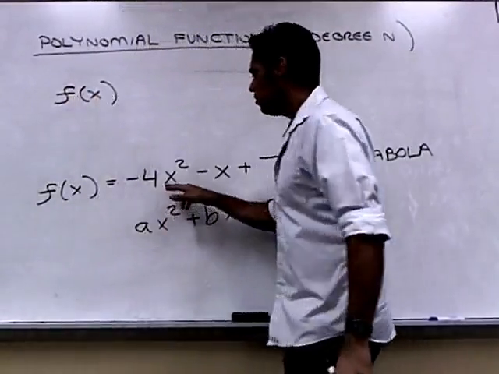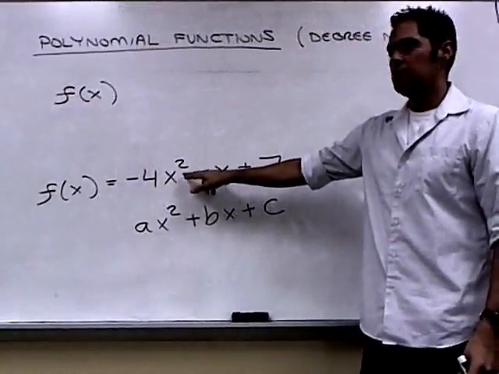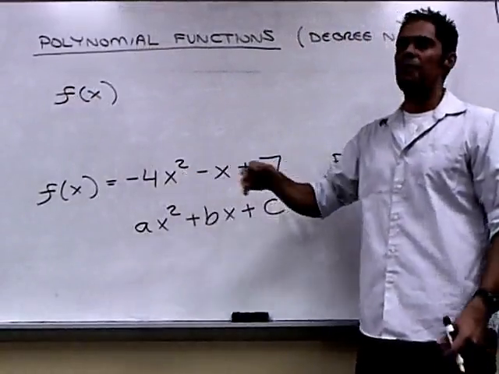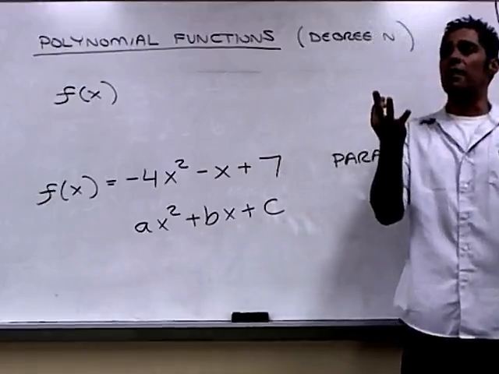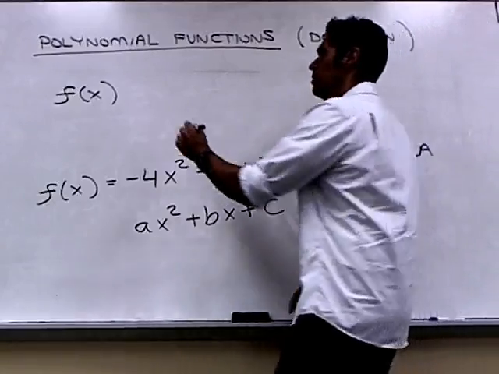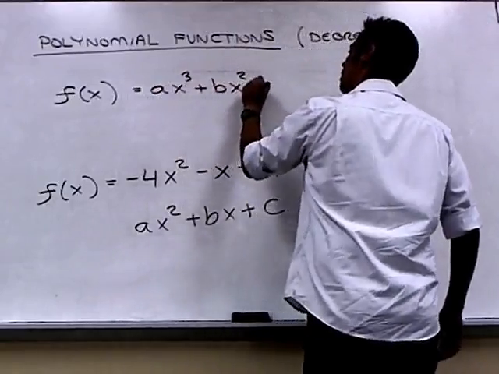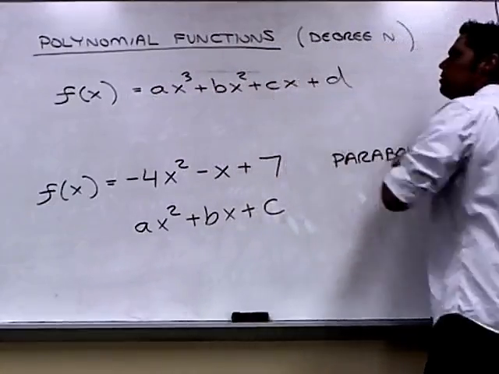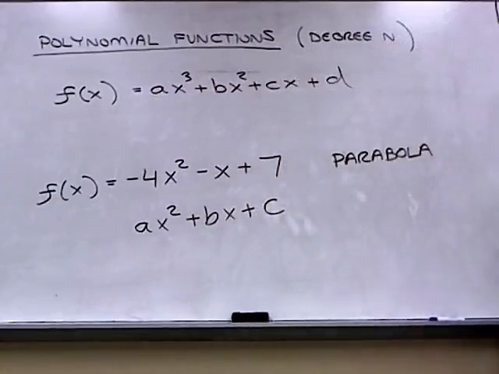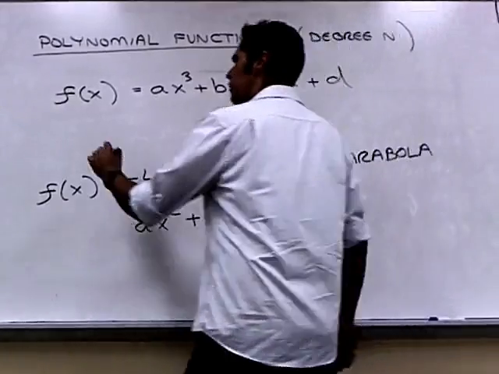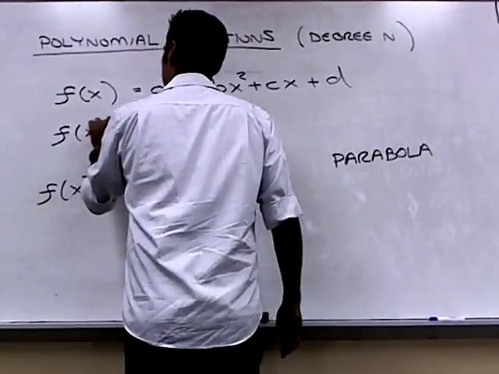Let's say this is second degree, a second degree polynomial. What if I wanted to write a third degree in a general form? Could I do this? ax cubed plus bx squared plus cx plus d. Do you agree that that's a general example of a third degree polynomial? Yeah? And then I could do maybe a fourth degree, and it would look like this.